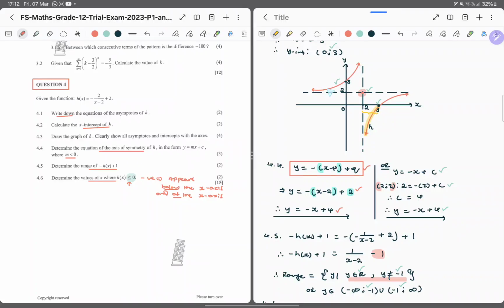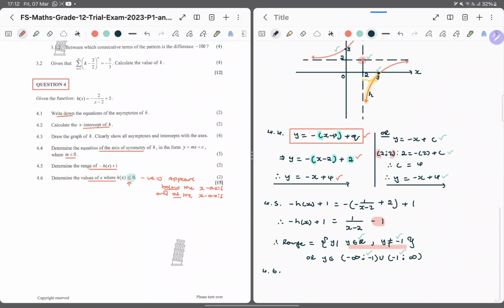As we can see, this one is above the x-axis, so it's out. So we'll write here that x must be less than or equal to 3. 3 is included because 0 is included, but this must be greater than 2. Again, we get a mark for those two notations. We get 2 marks for what we are doing.